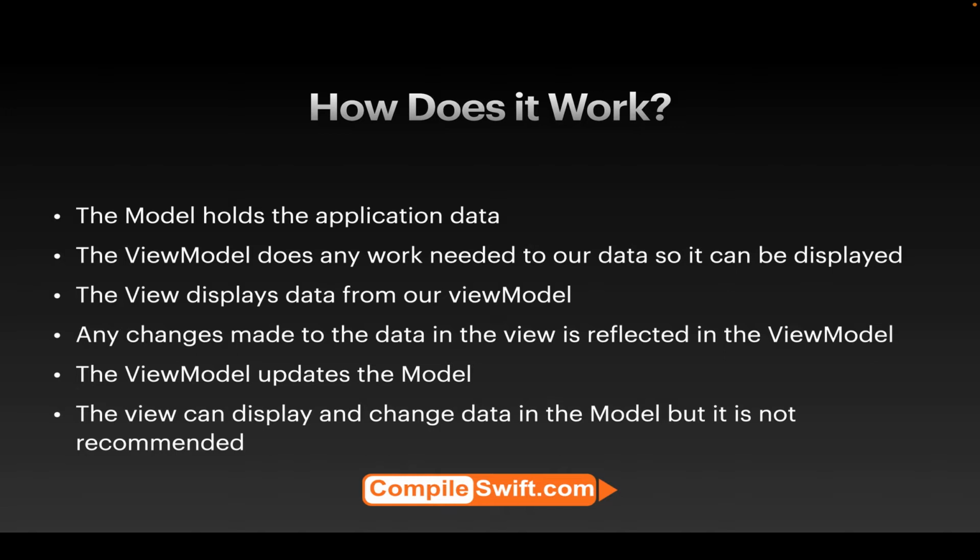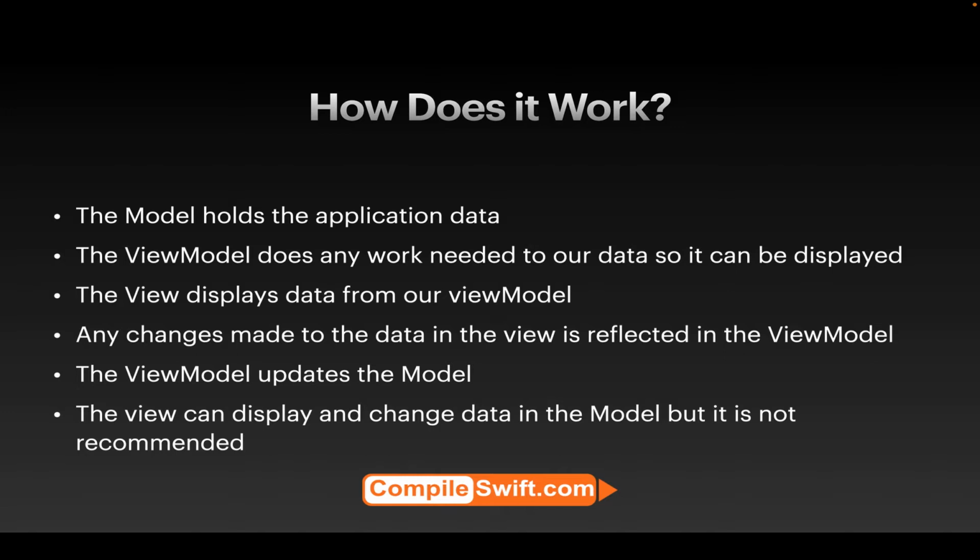The view model knows about the model, and the view model takes the raw data from the model, translates it in some way, manipulates it however it needs to be, and then that is ready to be used by the display.